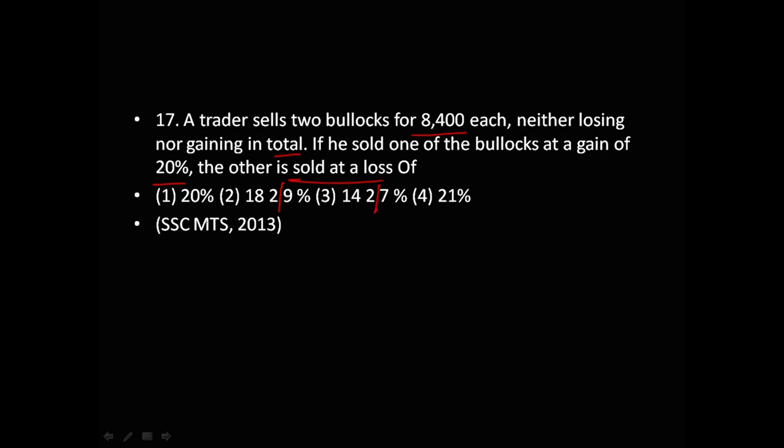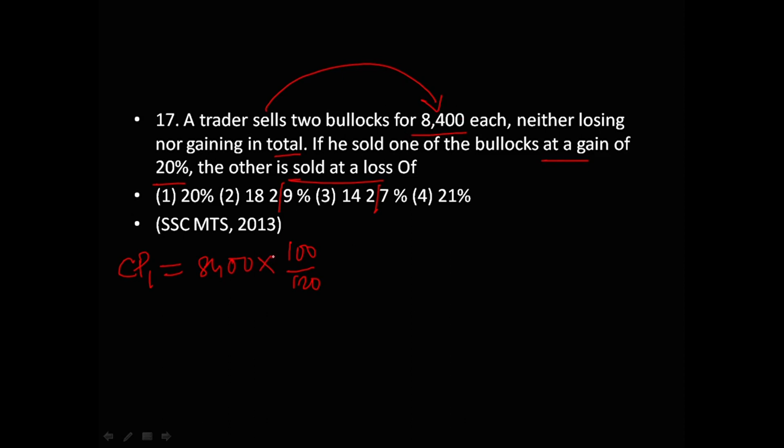Clear? First of all, CP1, the first bullock's cost price, is 8400 into 100 by 120, because the first bullock was sold at a gain of 20%, and he sold it at 8400 each.